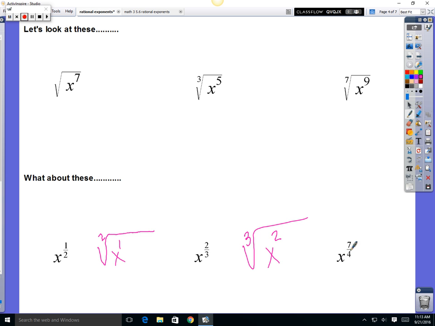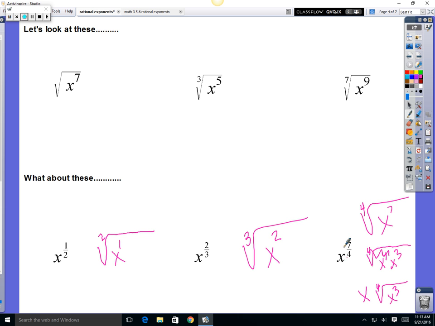If you got x to the 7/4, this is a good one, that means you got x to the 7. 4 is the index. They are coming out in groups of 4. And if you got 7, there's some that can come out, because there's 4, so we got x to the 4, x cubed, that's 7 of them. So this 4th root is going to undo this 4th power, so x comes out, and under the 4th root you have x cubed.